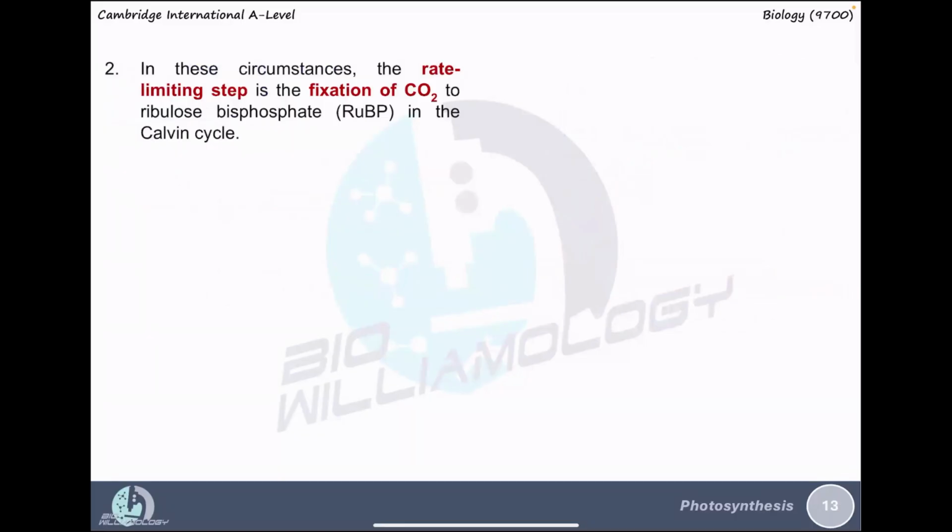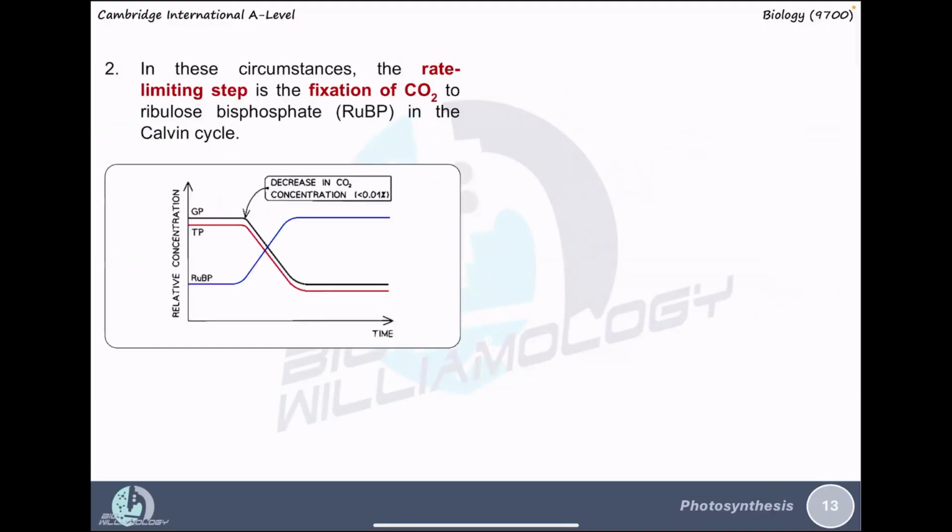So in these circumstances, the rate limiting step is the fixation of CO2 to ribulose bisphosphate, RuBP, in the Calvin cycle. As we know, CO2 is needed for the first step of the Calvin cycle, which is carbon dioxide fixation.